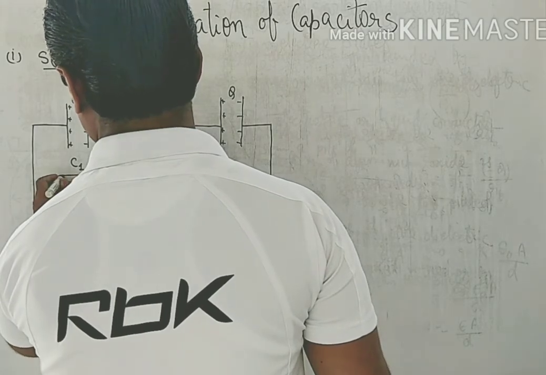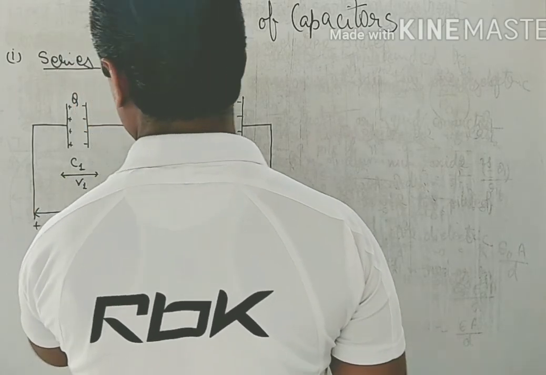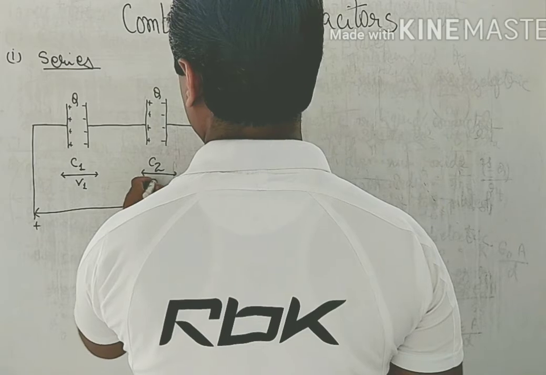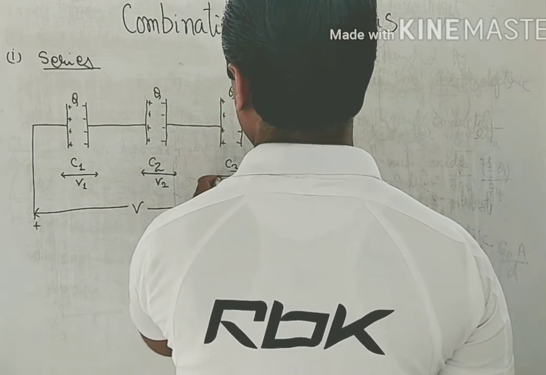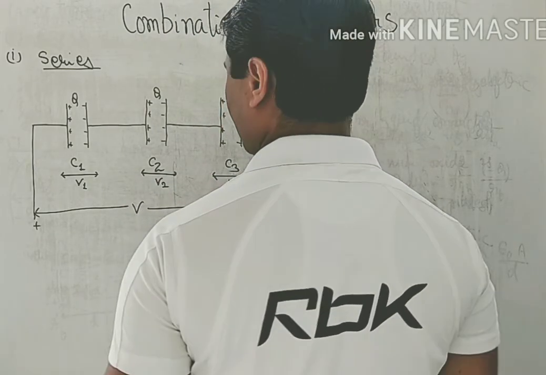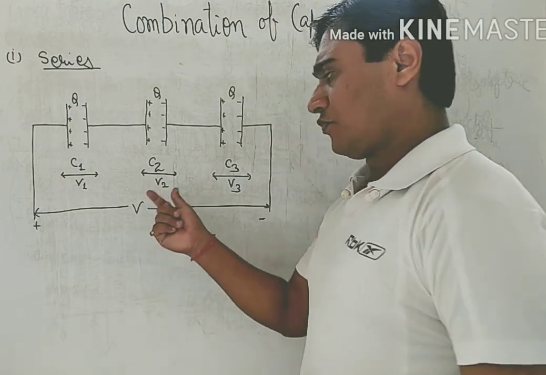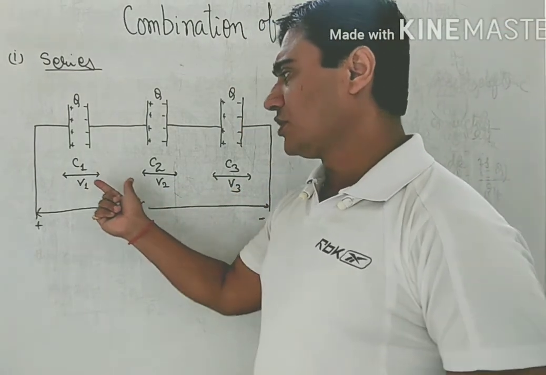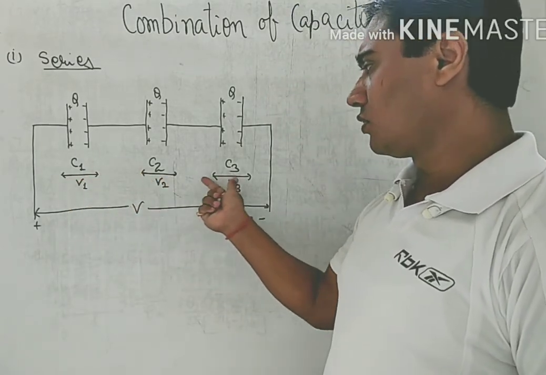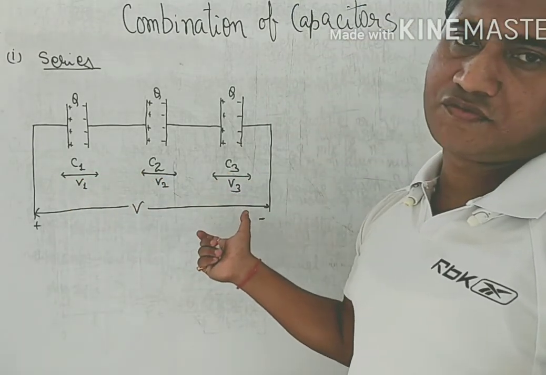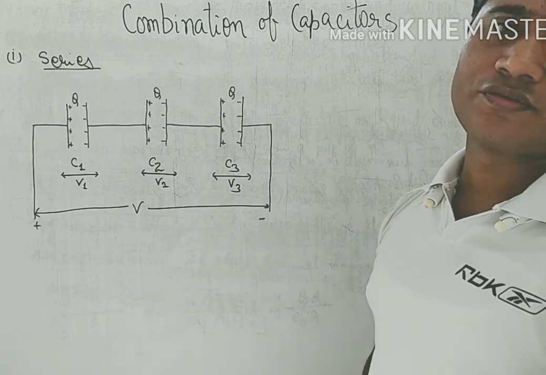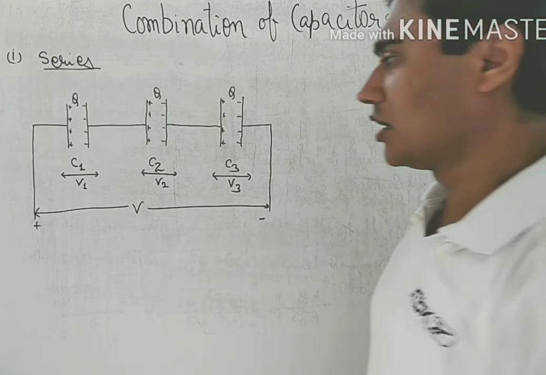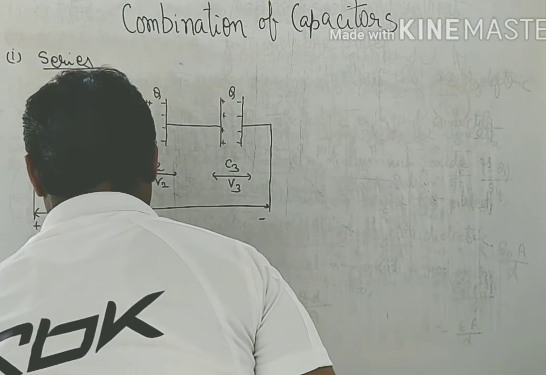Now say the potential difference across the first is V1, across this is V2, and across the third is say V3. So the potential applied will be equal to the sum of these three potential differences at the ends of C1, C2 and C3.